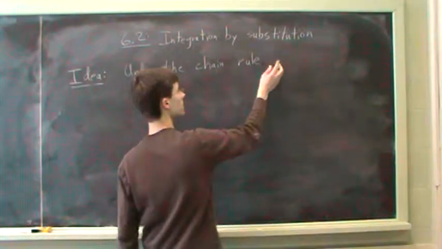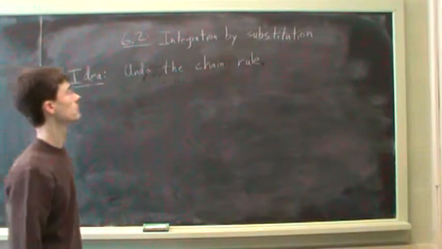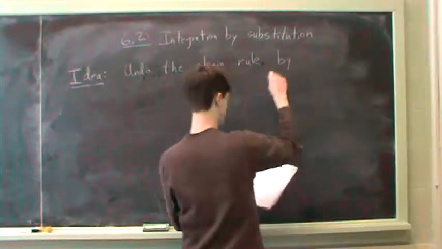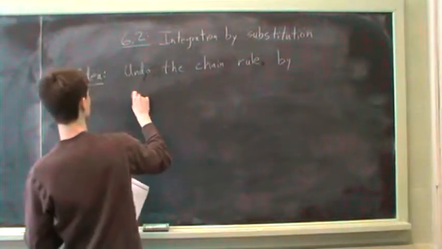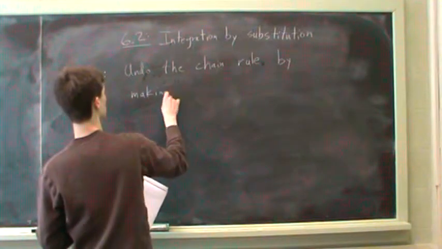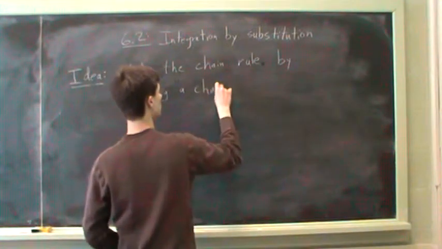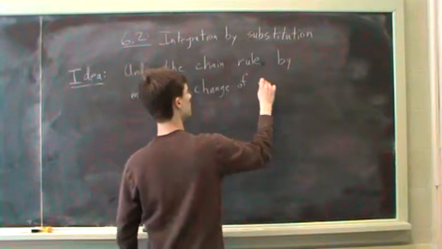And we're going to undo the chain rule in a special way, by making a change of variable.